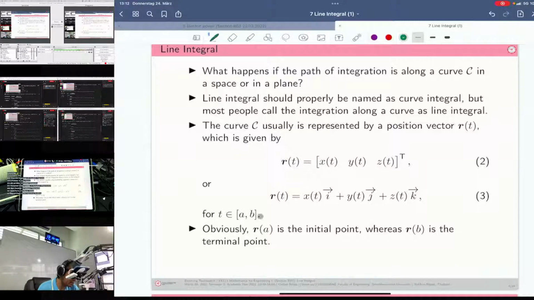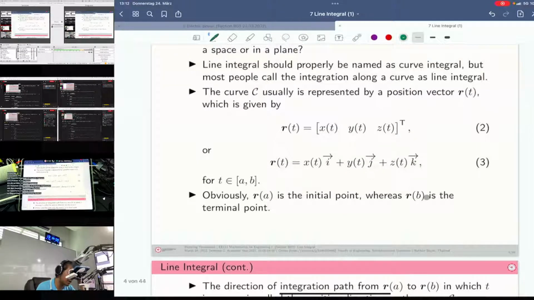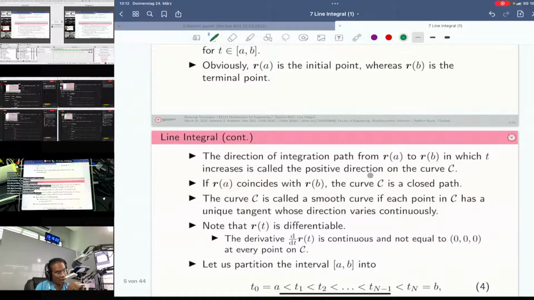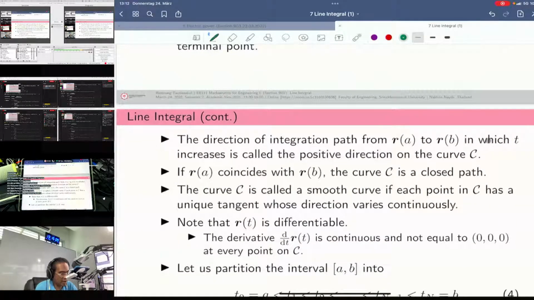And once we substitute b, the ending point of t, we are going to have r(b), and that's the terminal point. Let's go further. The direction of the integration path from a to b, from r(a) to r(b), in which t increases, is called the positive direction of the curve C.